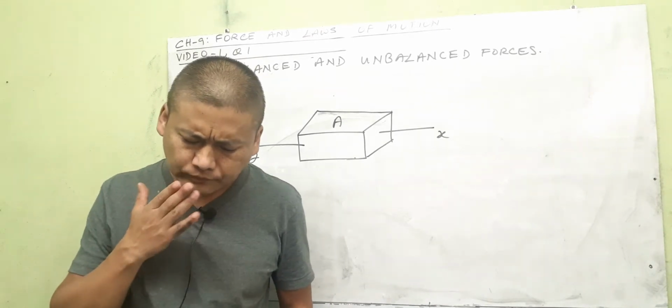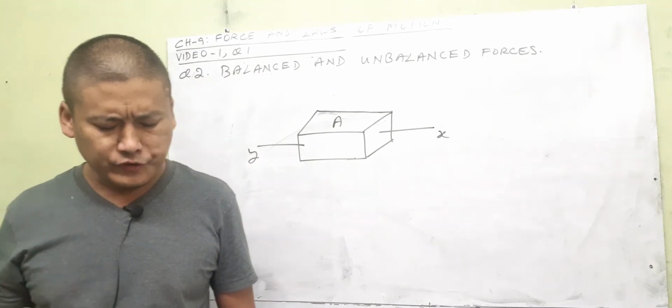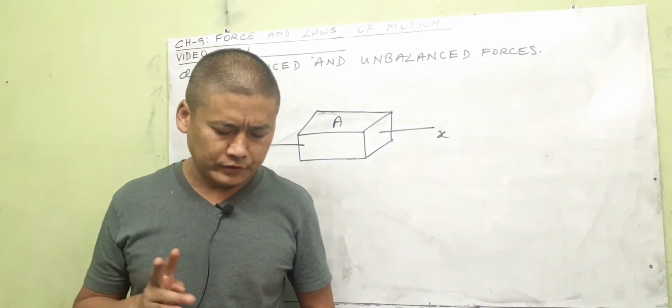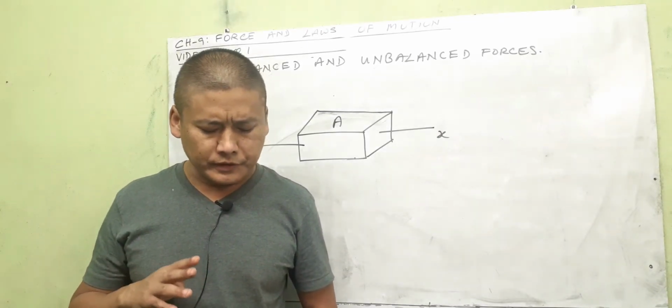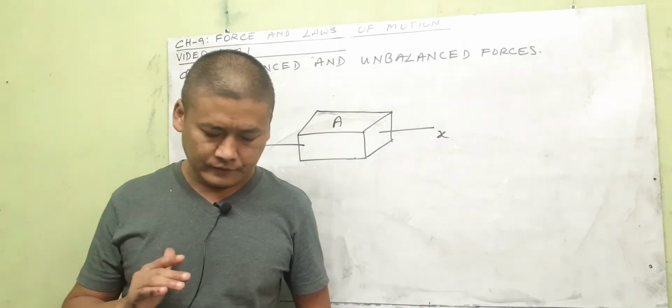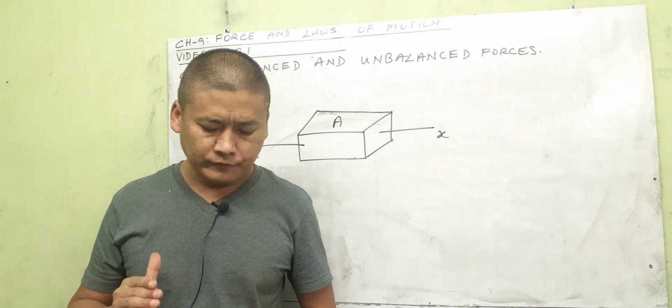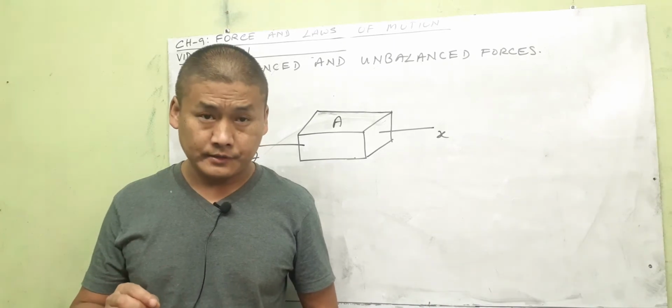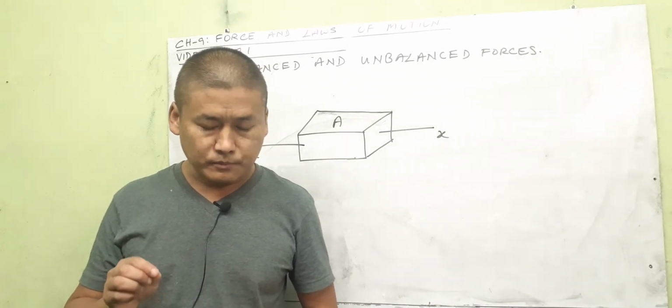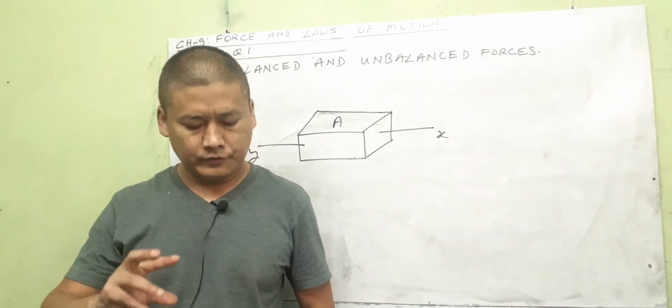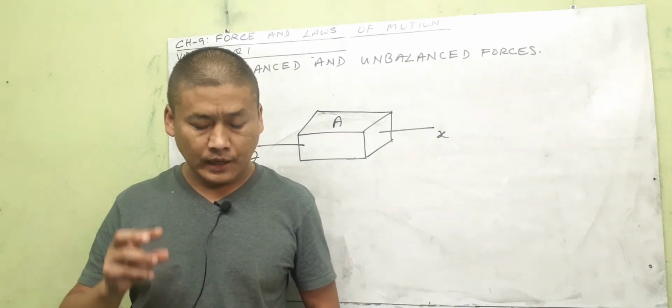Similarly, if the string Y is pulled, the body moves to the left. Because it is moving to the right or to the left, these are called unbalanced forces. But if the body A is pulled from both sides with equal forces, mind you, the body does not move an inch. It stays there at rest. Such forces are called balanced forces.